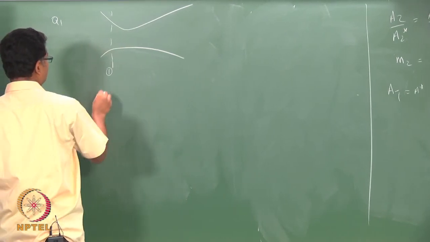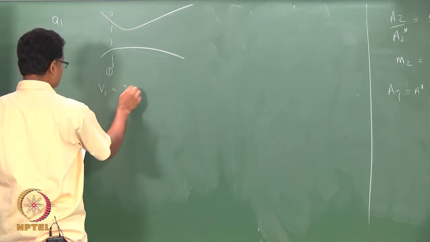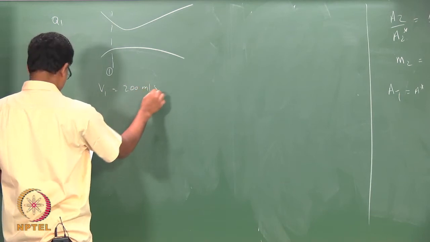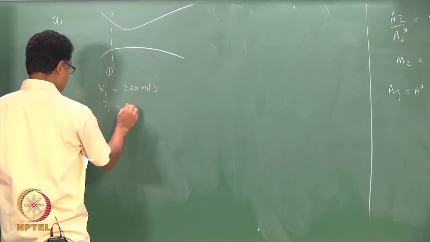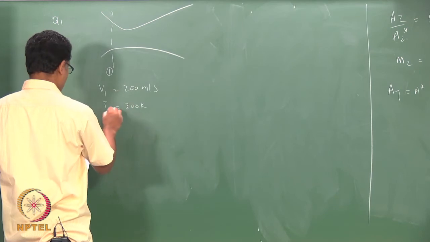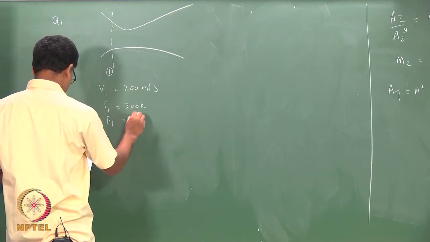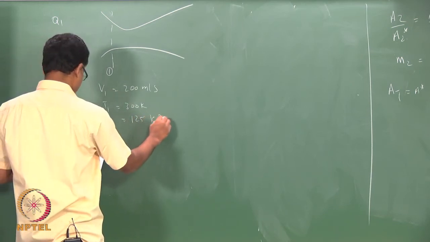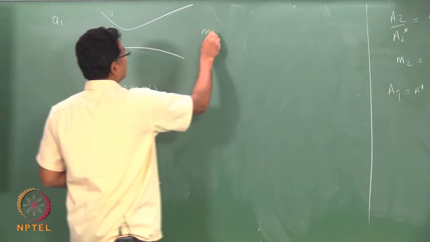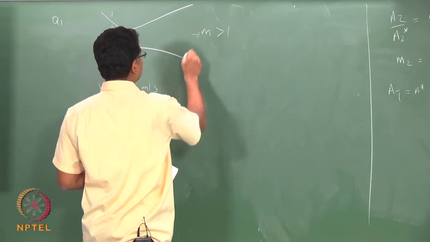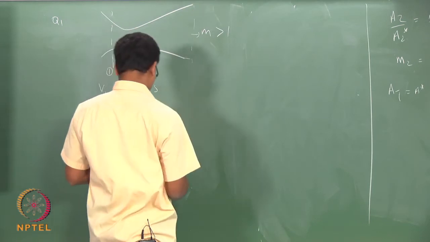At some section 1, my V1 is 200 meters per second, T1 is 300 Kelvin, P1 is 125 kilopascal, M exit is greater than 1.